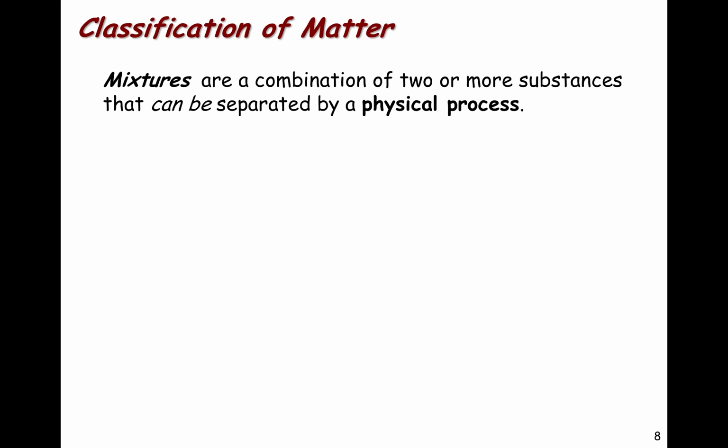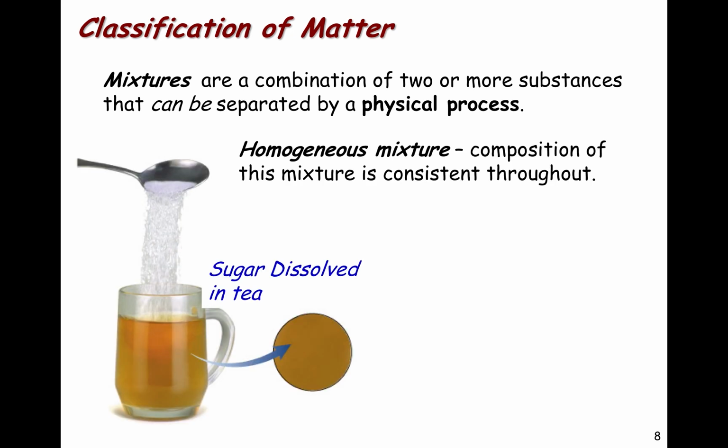Some examples of mixtures that you may be familiar with: for example, one could make iced tea. To make iced tea, you would take tap water, which itself is a mixture of water and some minerals. You might then add a tea bag.